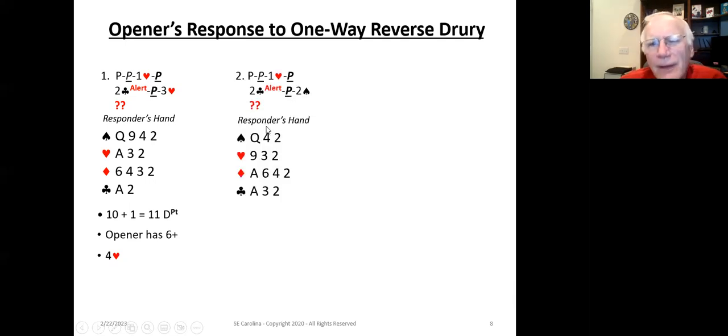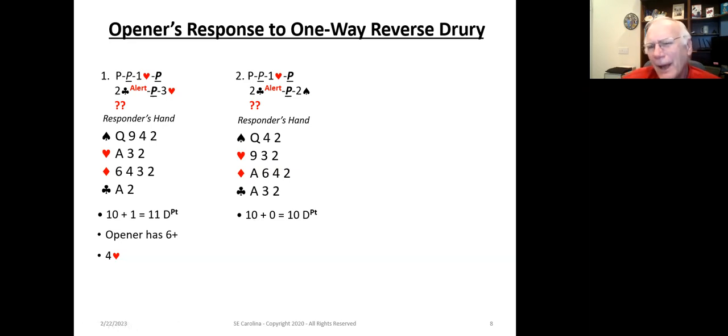Let's look at the second example here. Now, this one gets a little bit more interesting, as we've got 10 high card points. And by the way, that's also 10 length points, and it's also 10 distribution points, because we have no roughing power and we have no extra length. So in this case, we got 10, 10, and 10. Still 10.